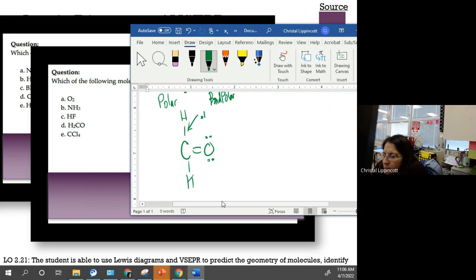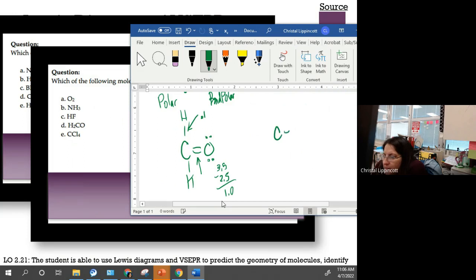That bond would end up being non-polar. It's 0.1. Okay. This bond here is 3.5 minus 2.5. That's polar. That is a polar bond. Is this a polar molecule or not? Yes, this is a polar molecule. You've got a concentration of charge on this side.